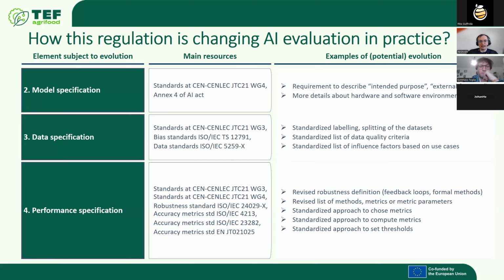The AI Act also introduces a standardized list of influence factors based on use case, meaning that each application domain will be evaluated according to its specific risk. In addition, the definition of robustness will evolve. Evaluation will now include feedback loops, system evolution over time, and other formal methods in some cases.